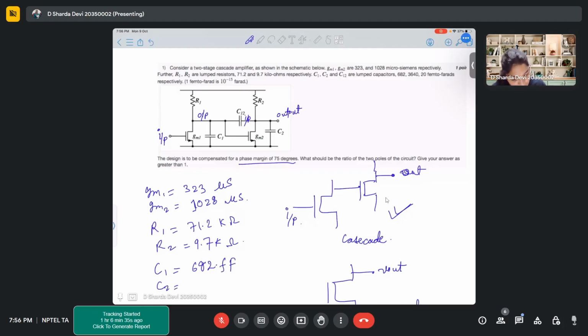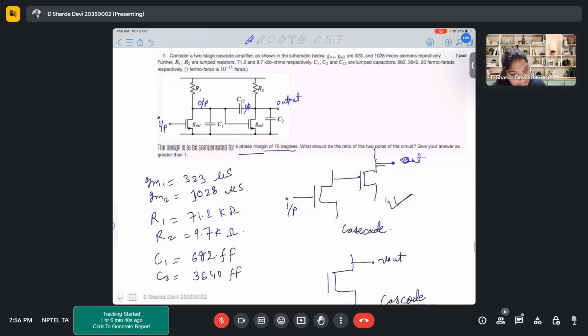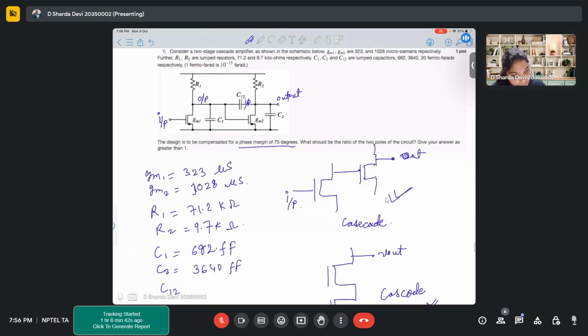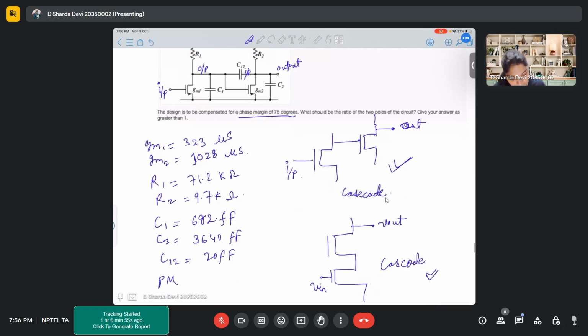C2 is 3640 femtofarad, and C12 is 20 femtofarad. And here the design is to be compensated by a phase margin of 75 degrees.